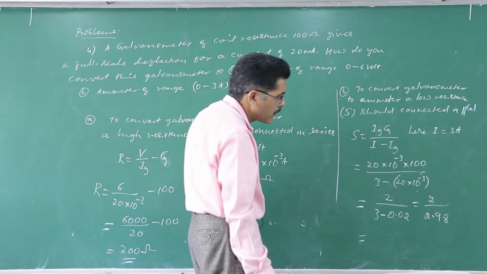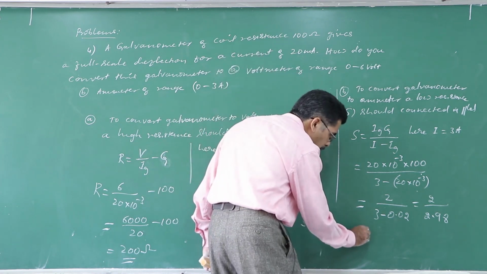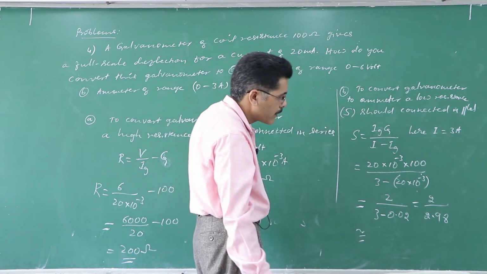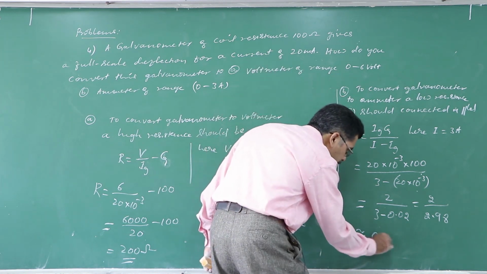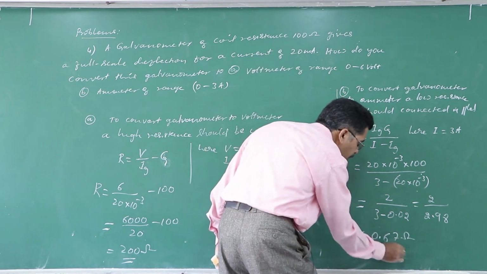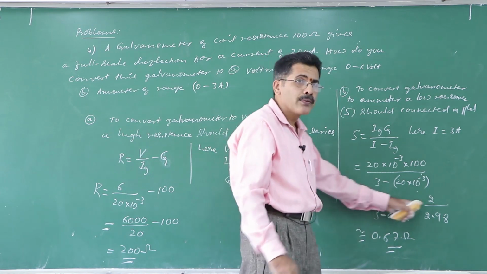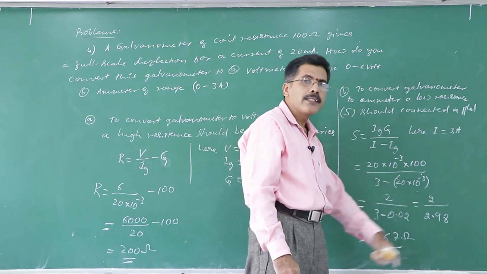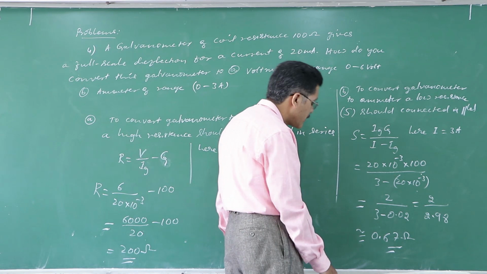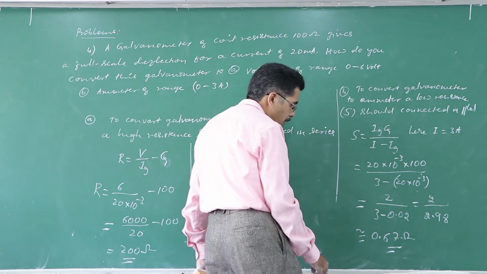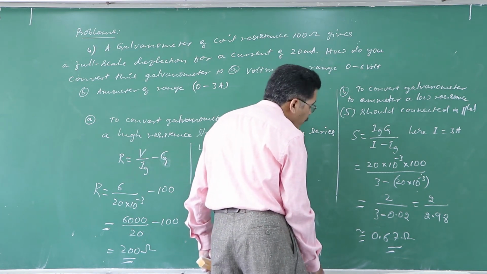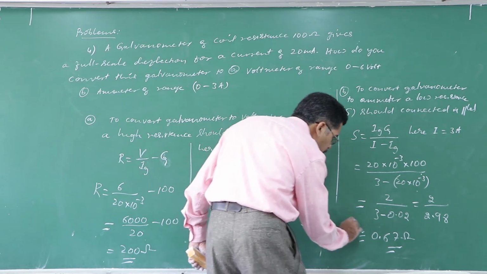This is about 0.67 ohm, approximately equal to 2 by 3, which gives you 0.67 ohm or 0.68 ohm.